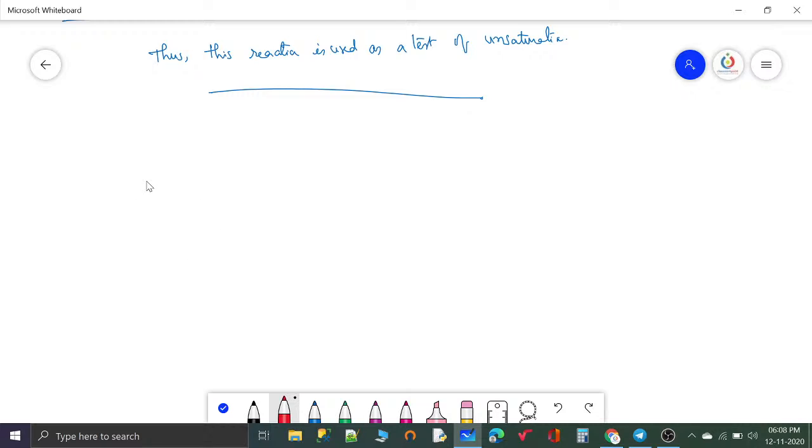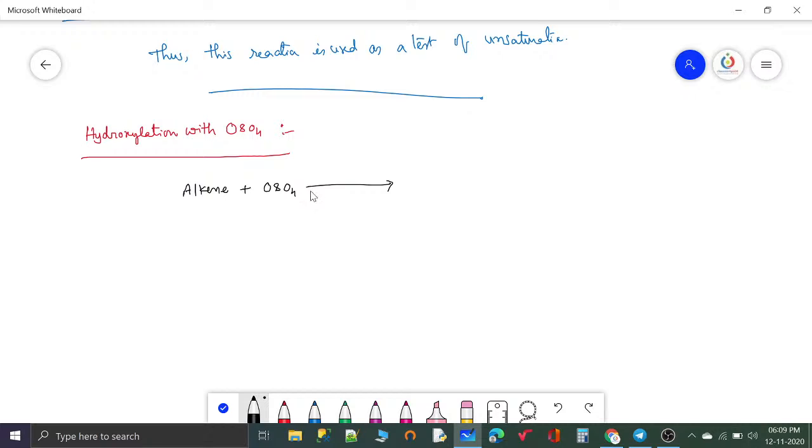So first of all, it is hydroxylation with osmium tetroxide. In this particular case, an alkene molecule on reaction with osmium tetroxide, in the presence of sodium hydrogen sulfide, or else sodium sulfide, or else you can just take hydrogen peroxide, gives diols.